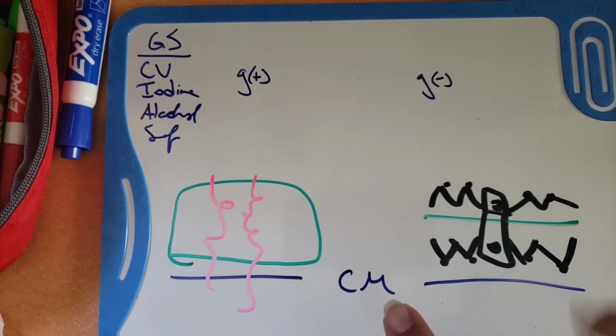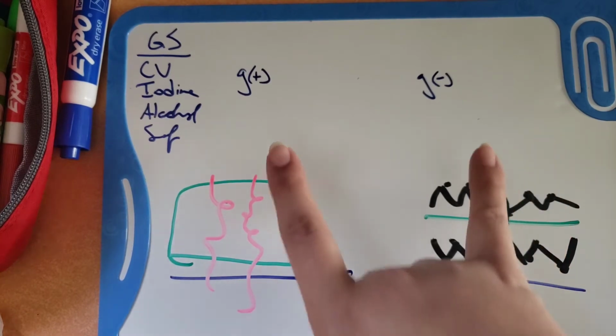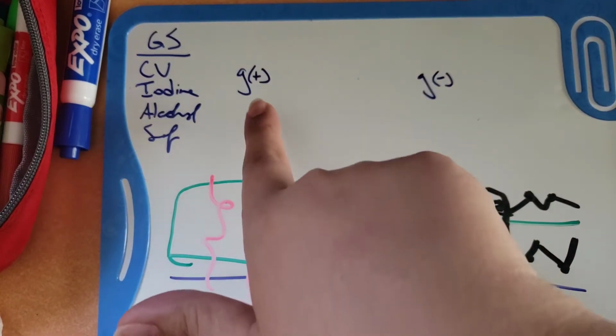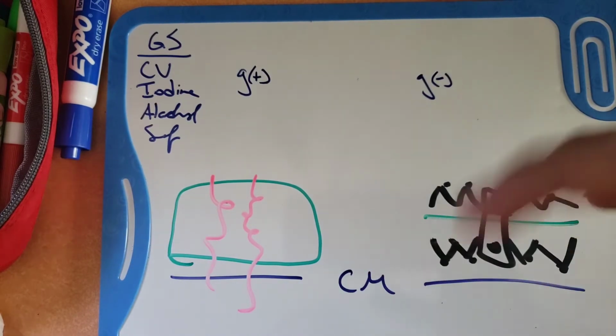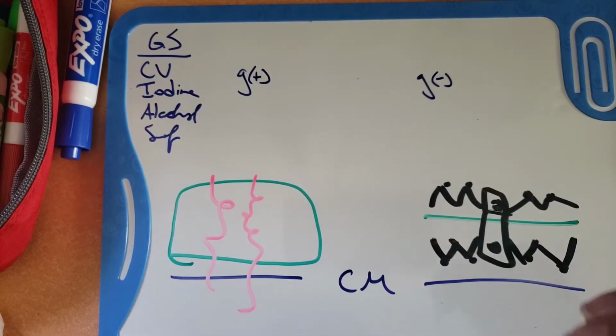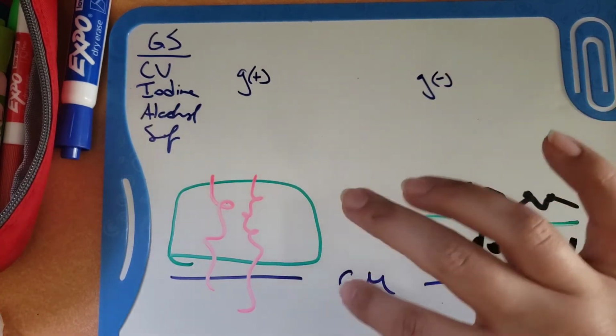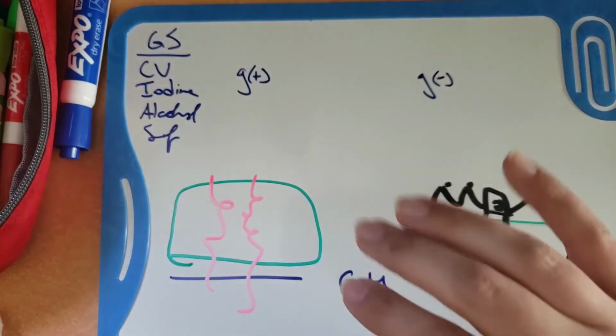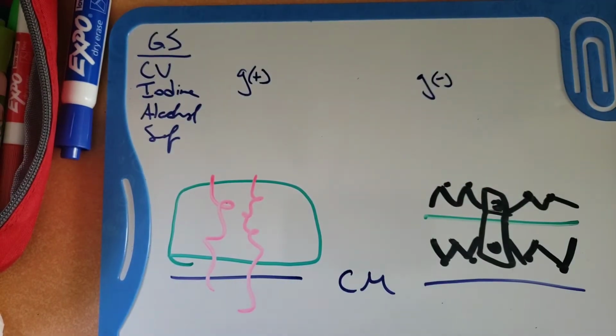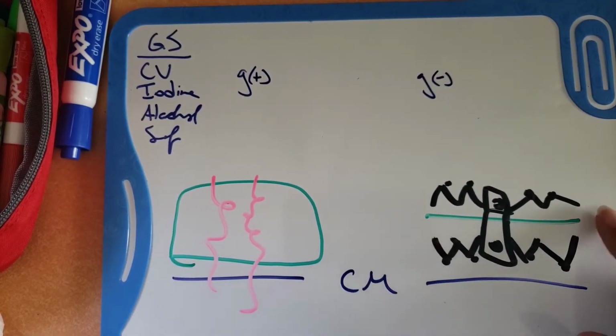So we have 2 different types of bacteria cell walls. We have the gram positive and the gram negative. When you take a portion of the cell wall of the bacteria, you will have a thick peptidoglycan layer for the gram positive and a thin layer of the peptidoglycan in gram negative.